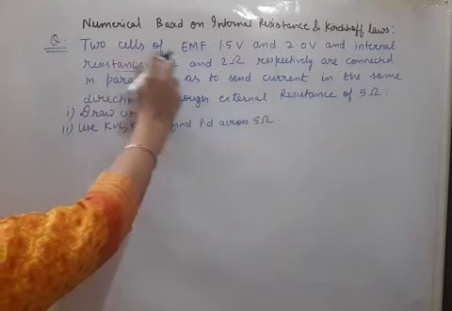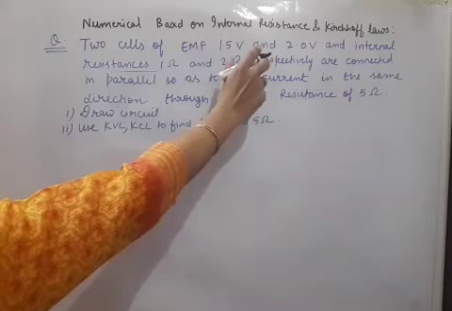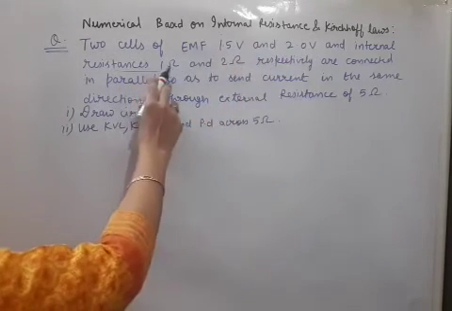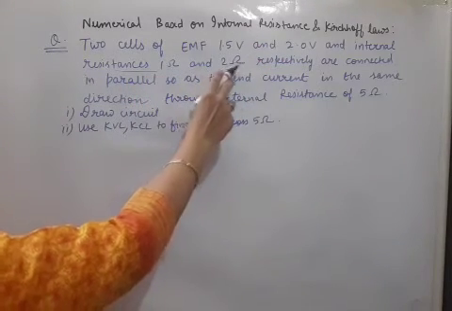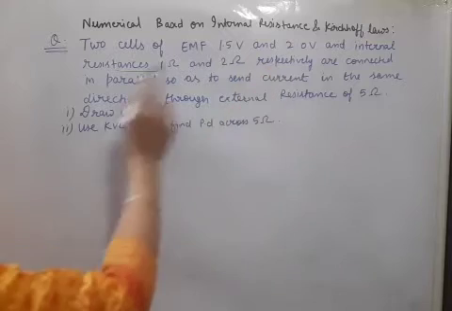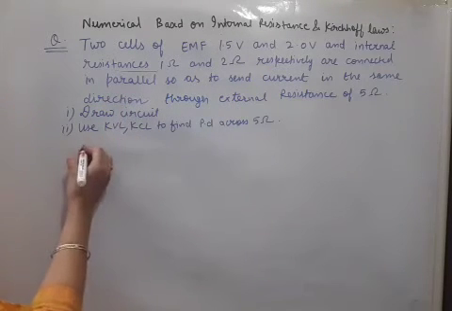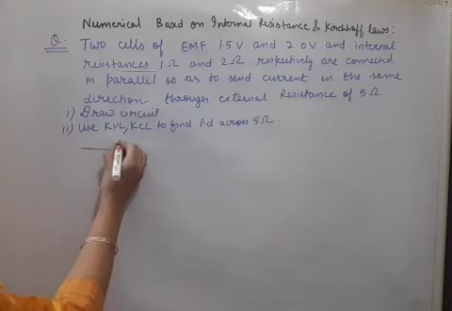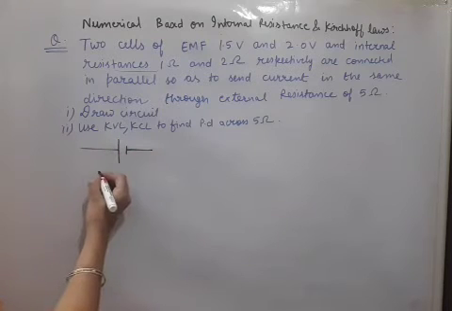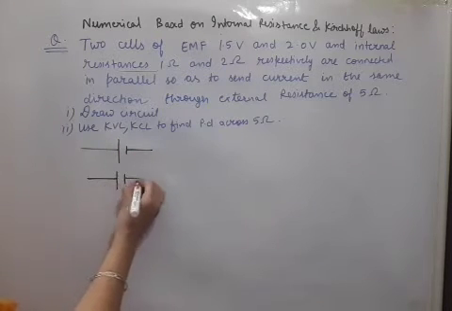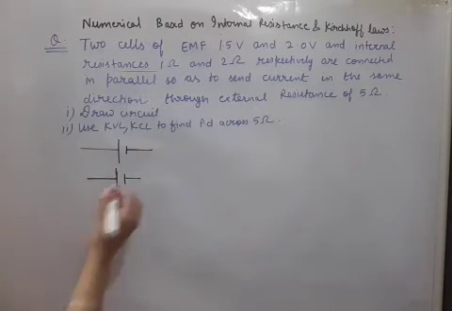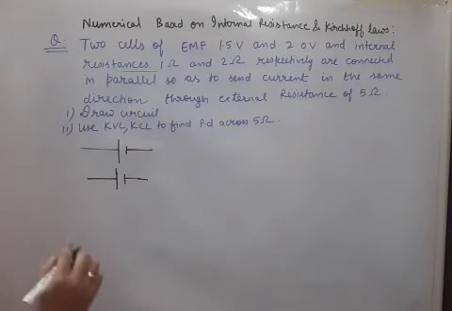Two cells of EMF 1.5 and 2 volt and internal resistance 1 ohm and 2 ohm respectively are connected in parallel. Okay, so we have to draw a circuit diagram in this manner. First cell and second cell, they are connected in parallel, so we have shown one below another.